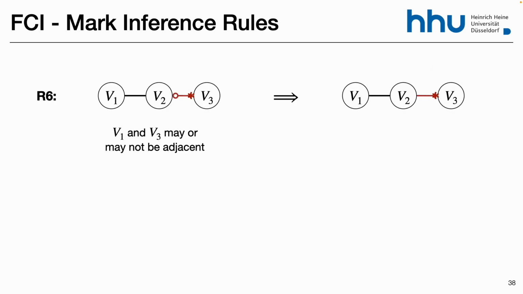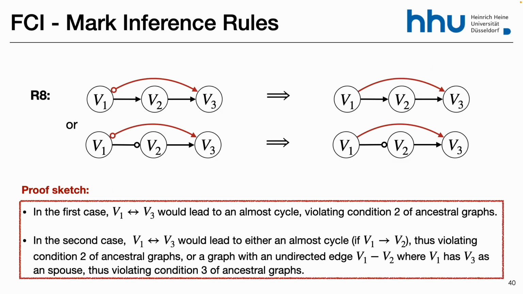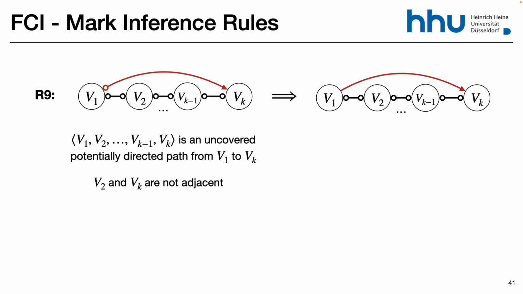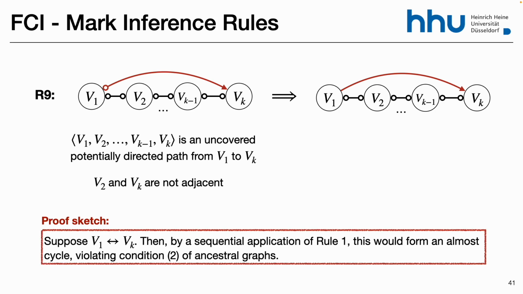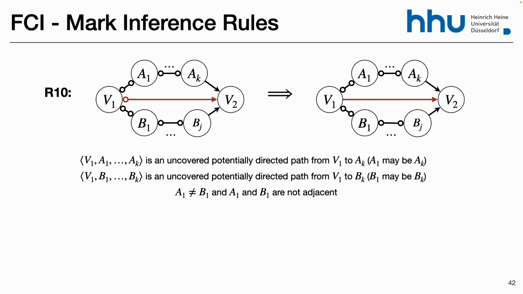Yeah, that's a lot. But I recommend you at least learn by heart the rules from 0 to 4, because this is what we usually do in my exams and the exercise sheet. But you need to know that there are 10 rules. They are all necessary to have completeness of the algorithm.